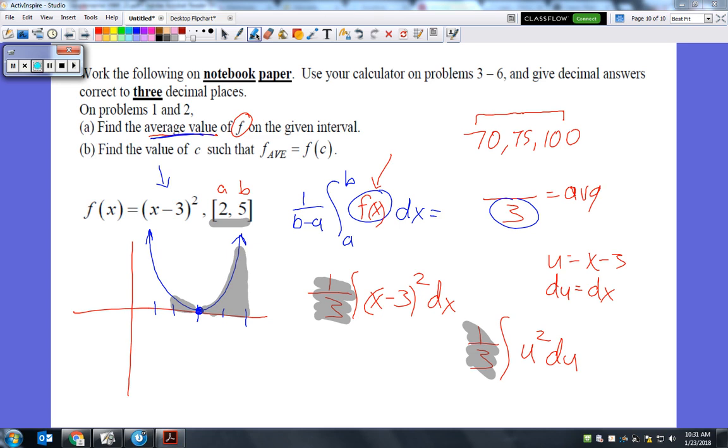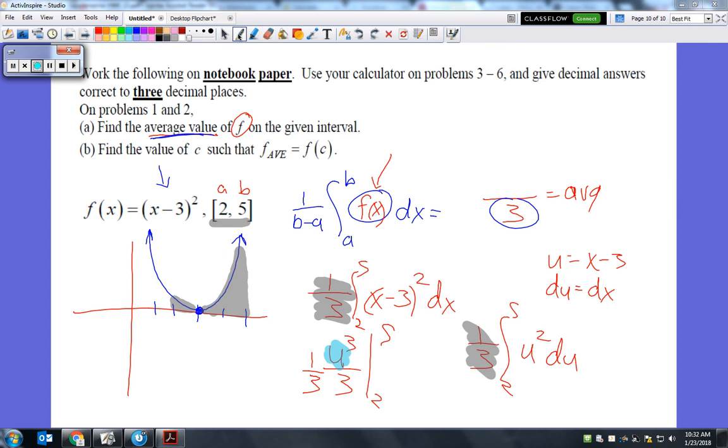Okay, just u substitution. So this becomes u cubed over 3 times that 1/3, right? And it's going to be from a to b. In this case, it's going to be from 2 to 5. So this is 2 to 5, and this is 2 to 5. You with me? Okay. So now I need to plug what back in for u? x minus 3. So I have the integral. Let me go ahead and do it over here so you have more room.